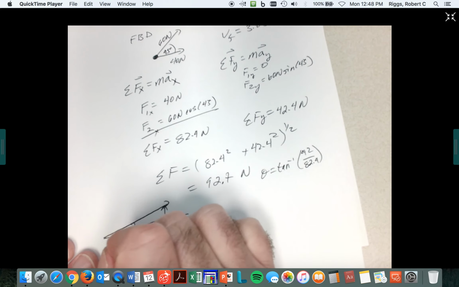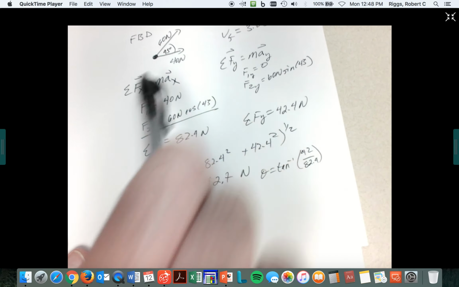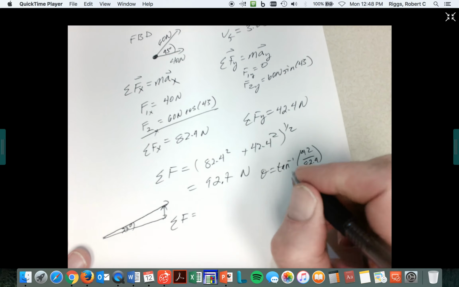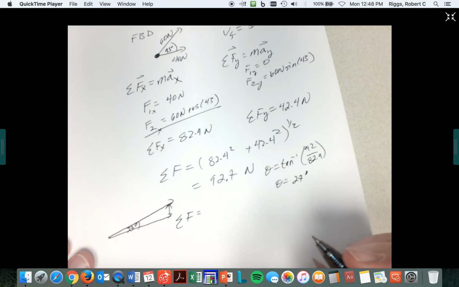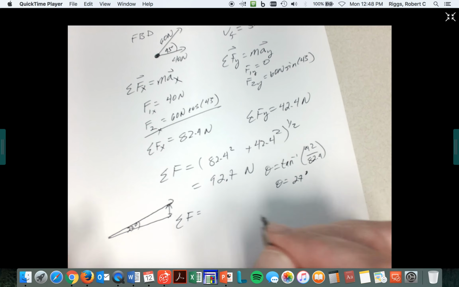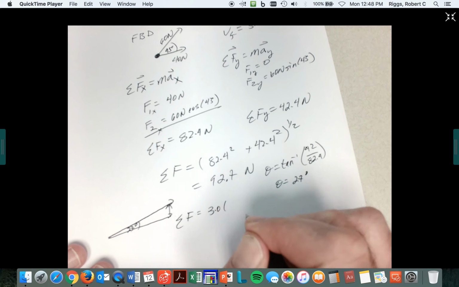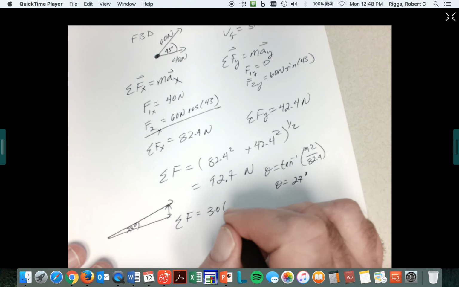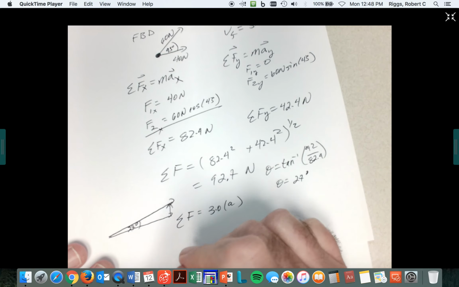See, it's much smaller than the 45 that they're at because this force is a lot bigger than this one. So the sum of the forces total is equal to 3 kilograms times the acceleration.